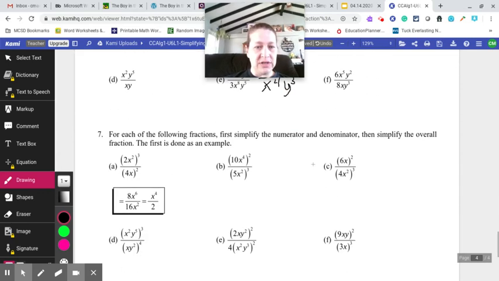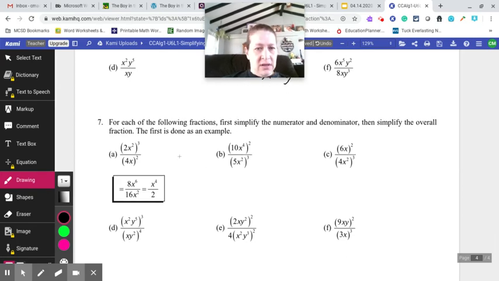Okay, let's look at question number 7. For each of the following fractions, first simplify the numerator and denominator, then simplify the overall fraction. The first is done as an example. So, okay, when you have an exponent on the outside of a set of parentheses, you are going to multiply what's on the inside.